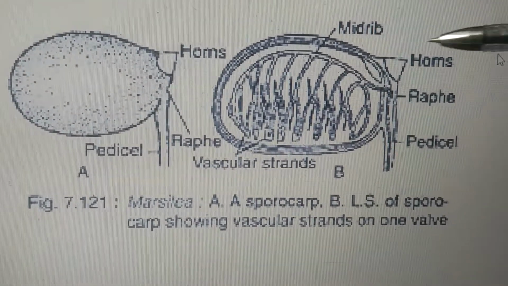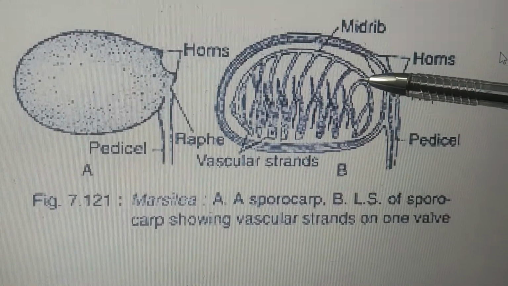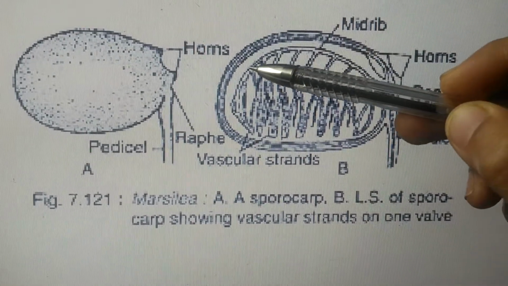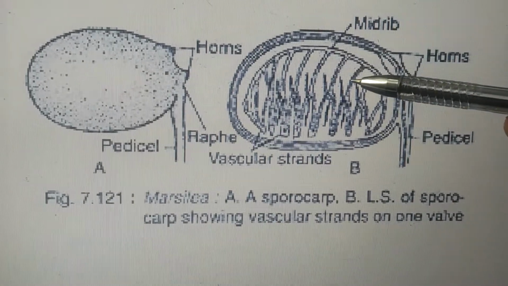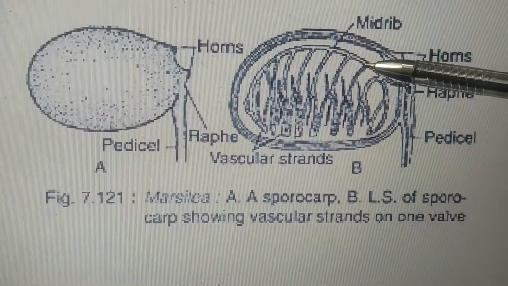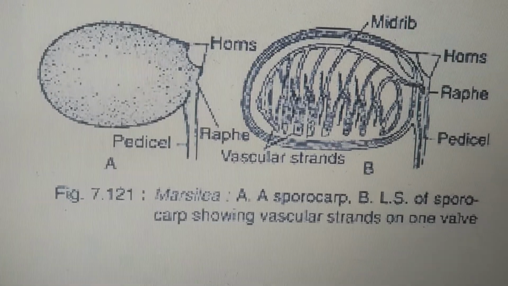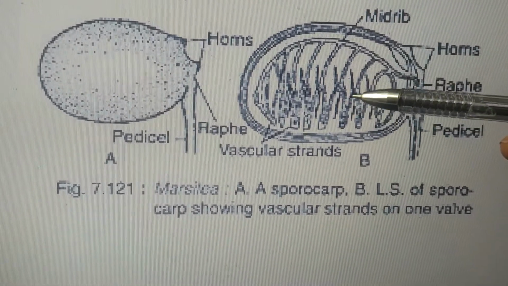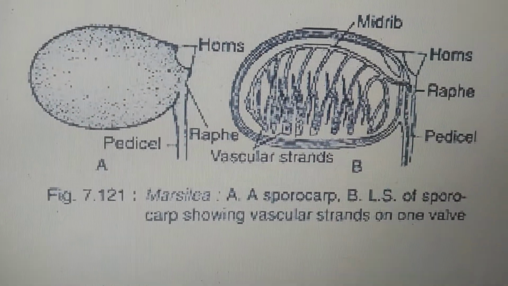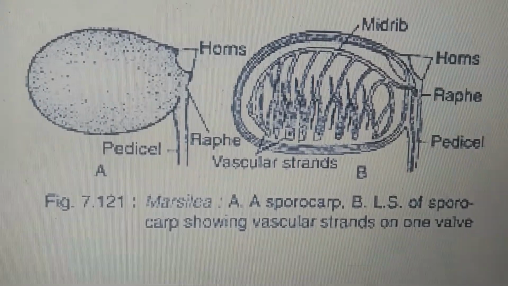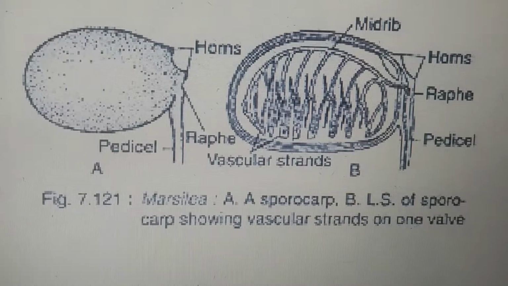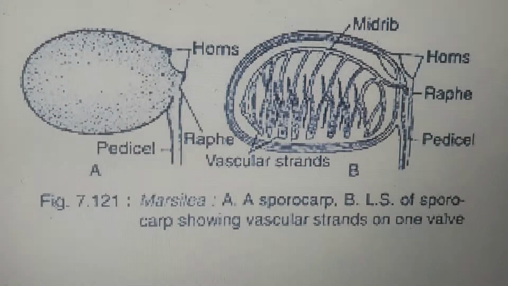One is a dorsal bundle. Here, this single one is a dorsal bundle. This dorsal bundle is going to give rise to lateral bundles. So we have dorsal bundle, we have lateral bundle, and this lateral bundle is again going to divide and form placental bundle. So the three bundles present in the vascular system of this sporocarp are dorsal bundle, lateral bundle, and placental bundle.